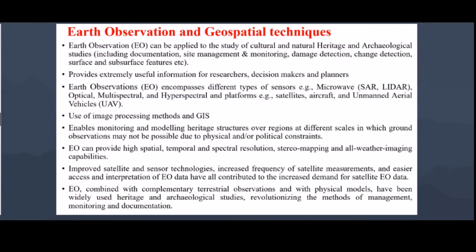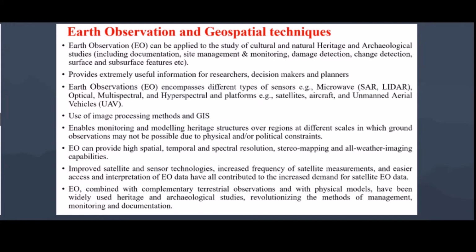So Earth observation data combined with complementary data sets from, say, terrestrial observation and with physical models, or as I said, from crowdsourced data, have now been widely used for heritage and archaeological studies, revolutionizing the methods of management, monitoring, and documentation. With the examples that I will present, you will see how these have become very, very useful in such studies.